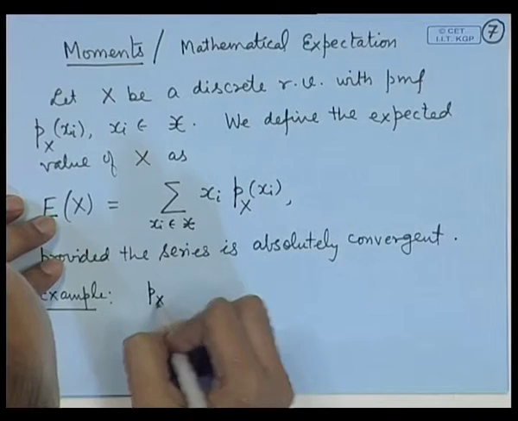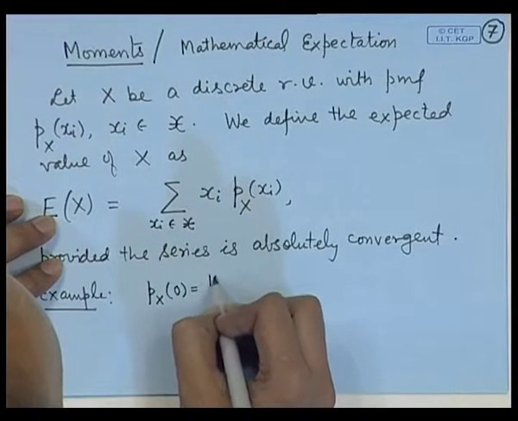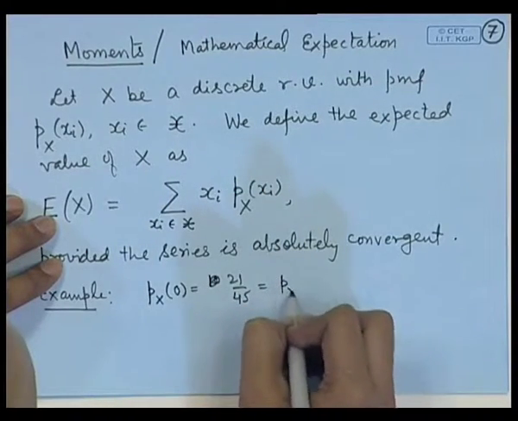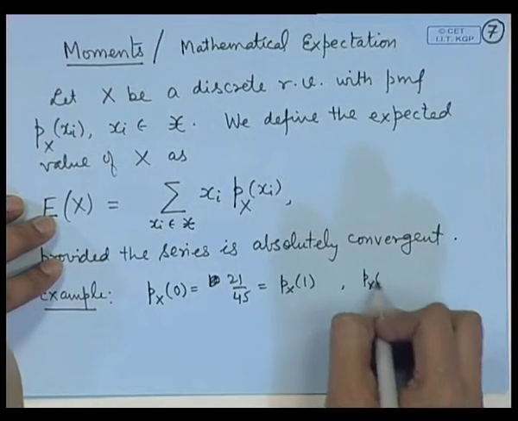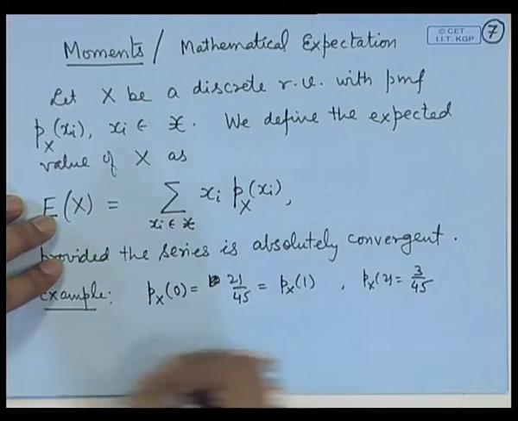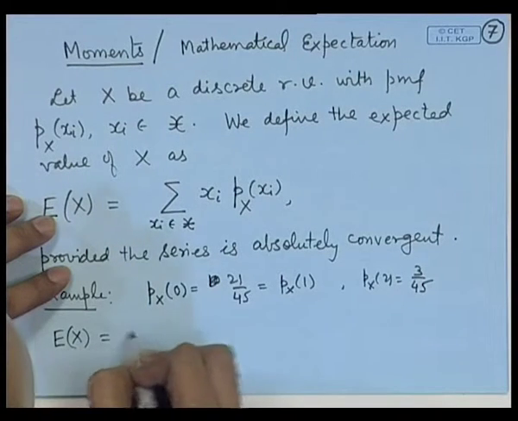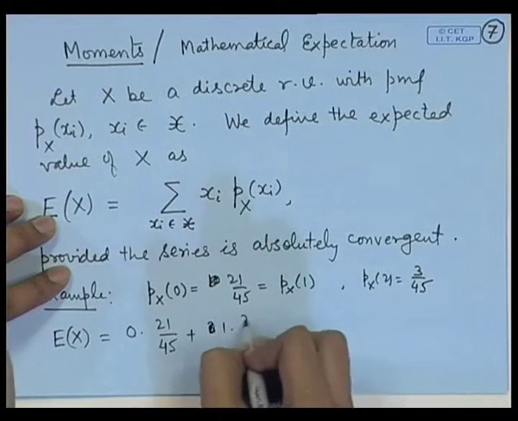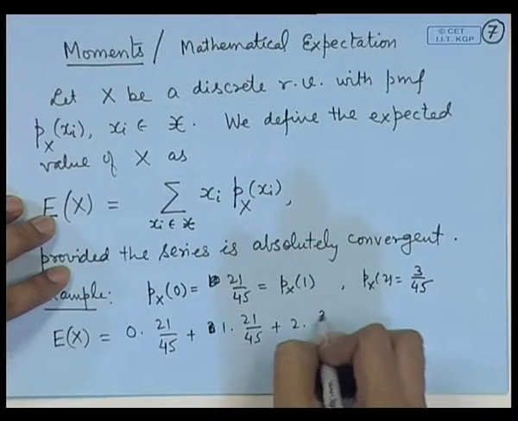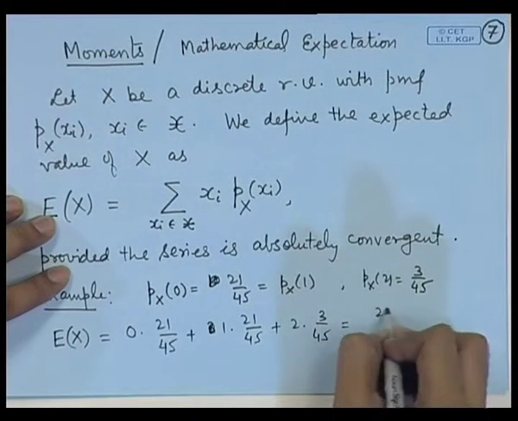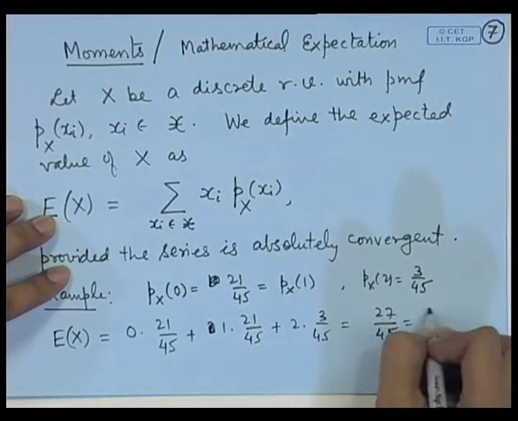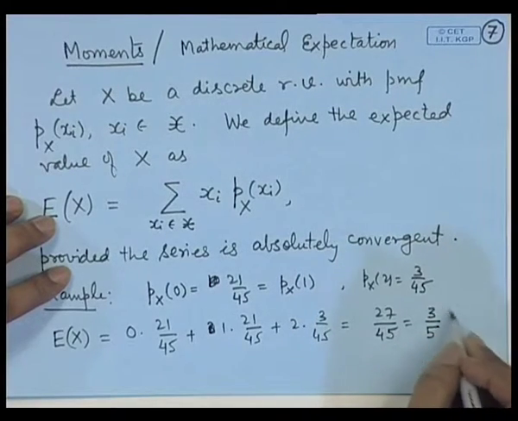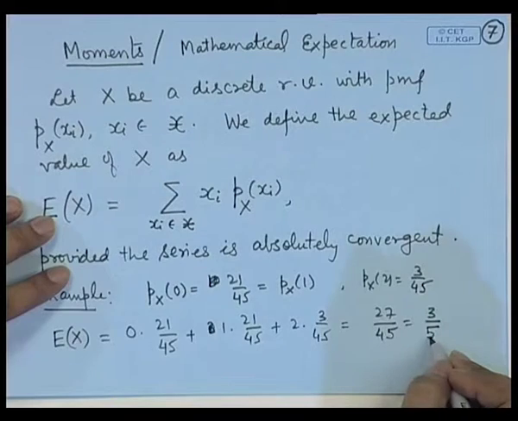In that example we had probability of x equal to 0 as 21 by 45, the same as probability of x equal to 1, and probability of x equal to 2 was 3 by 45. Let us look at expectation of x. That will be equal to 0 into 21 by 45 plus 1 into 21 by 45 plus 2 into 3 by 45. So, that is equal to 27 by 45 or 3 by 5. That means, on the average his purchase may include less than one defective computer.